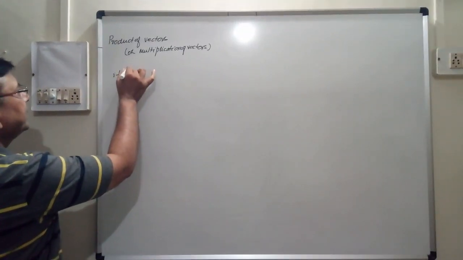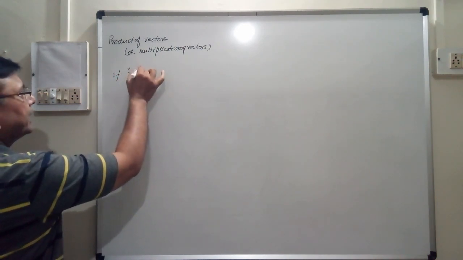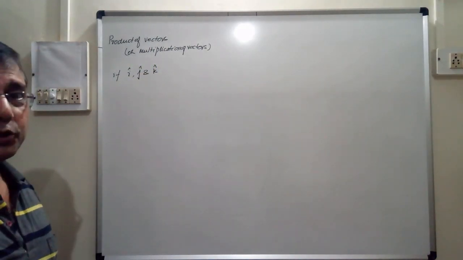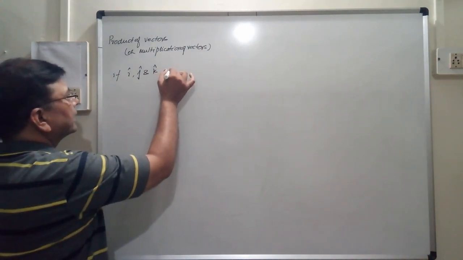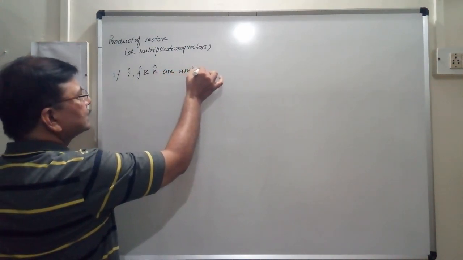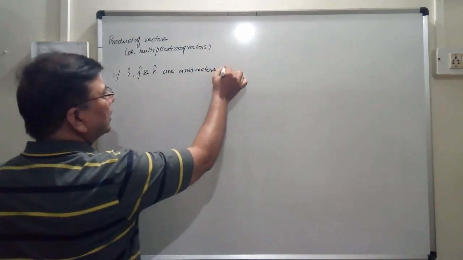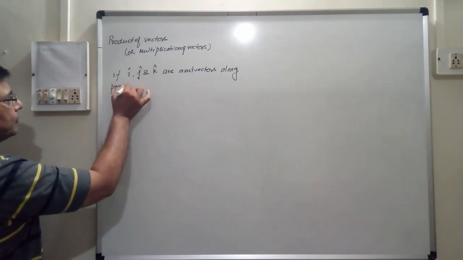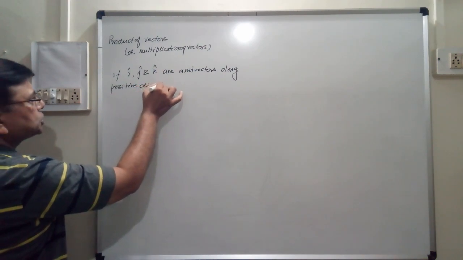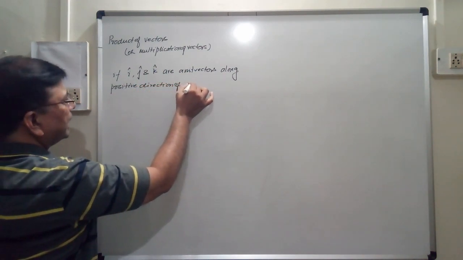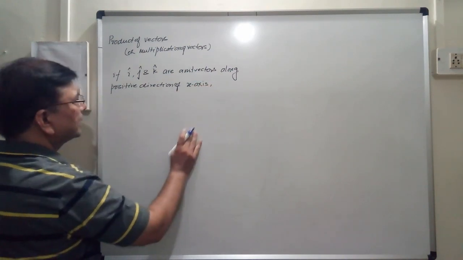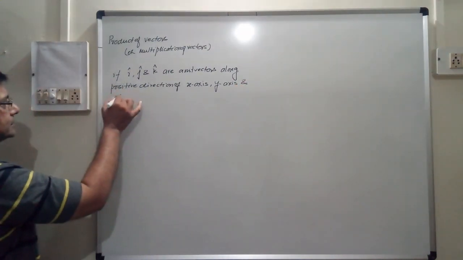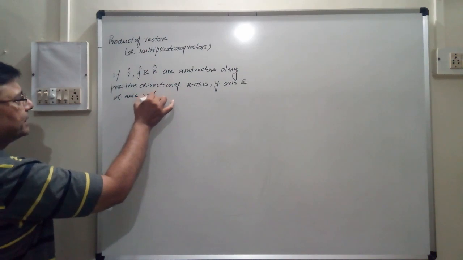If I, J and K, I am putting a cap. A cap means these are unit vectors along the positive direction of x-axis, y-axis and z-axis respectively.